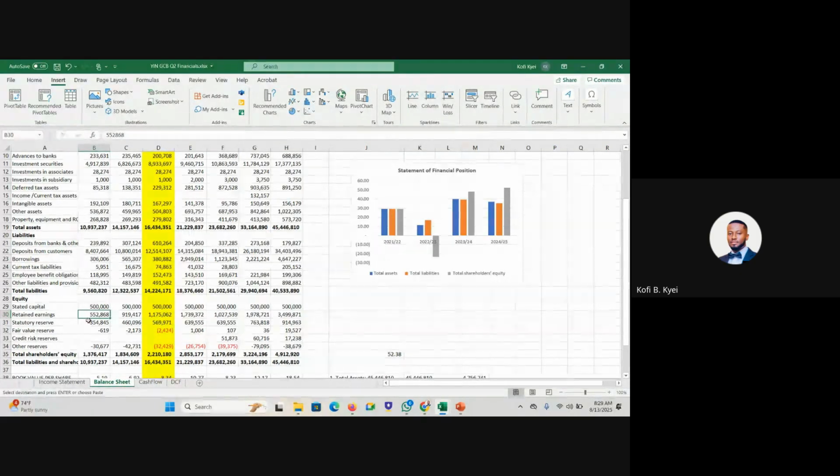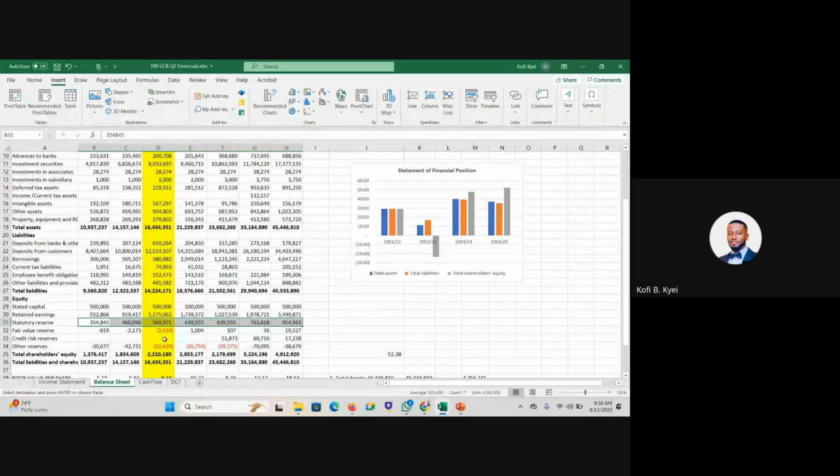You can see that for GCB, even the retained earnings have been rising, from 500 million to 900 million, to 1.1 billion, 1.7 billion, 1.9 billion, to 3.4 billion. GCB is a solid institution, a very profitable, strong institution. The statutory reserve is also with the BOG, a reserve that they also keep.